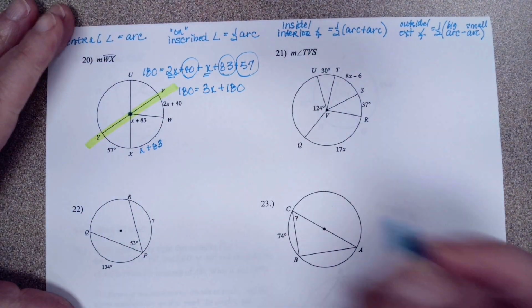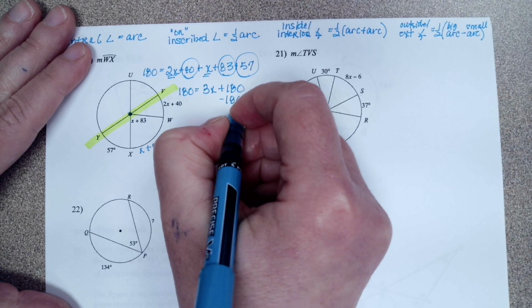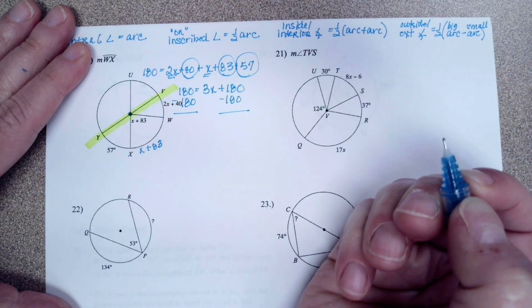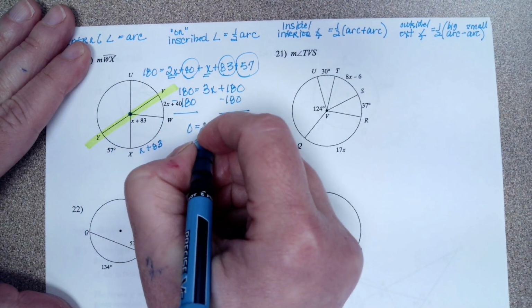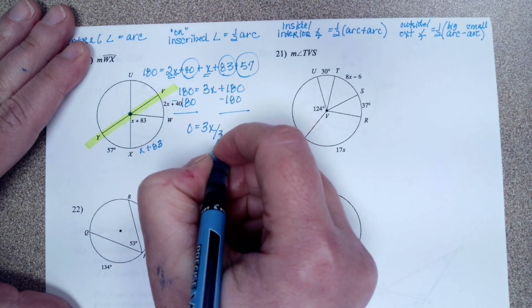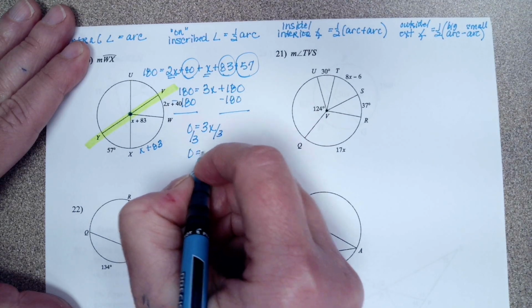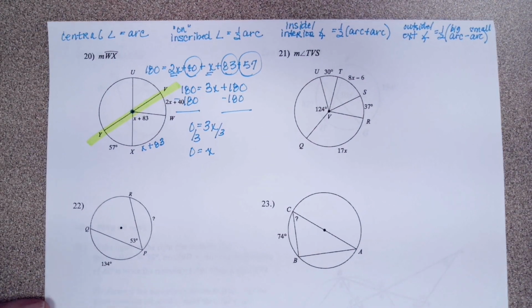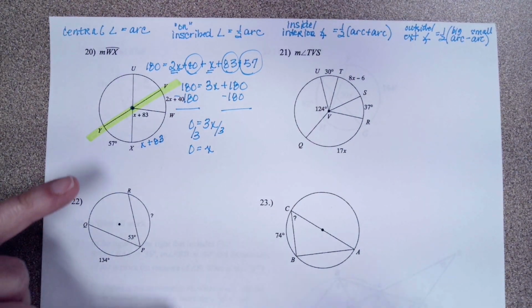Our goal is to solve for x, so I'm going to get rid of that 180 on both sides. And you don't panic when you get a 0. 180 minus 180, yep, it's a 0, and that's just fine, because when we divide by 3, we get that 0 equals x. That can happen. X can be a negative number, x can be a decimal, x can be a fraction. We don't panic about that. You solve, you use your math, you're just fine.